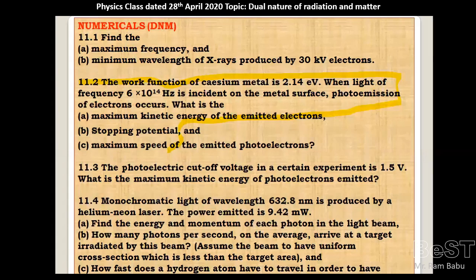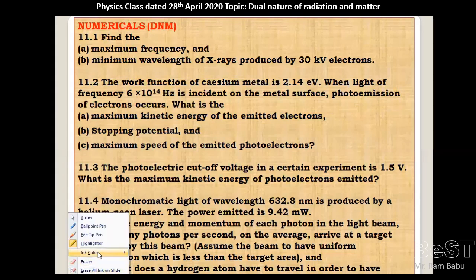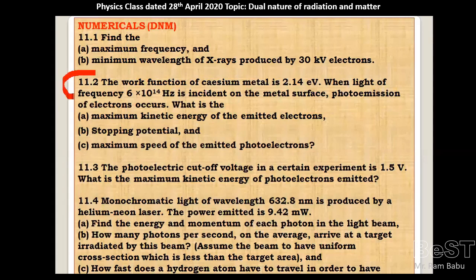Second, B, the stopping potential. And C, third question, the maximum speed of emitted photoelectrons. So that is the question.